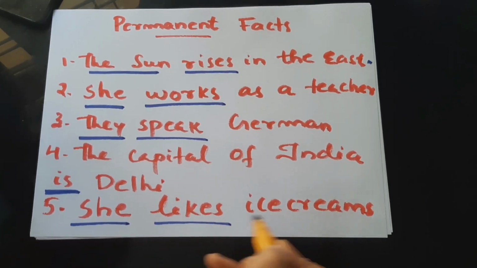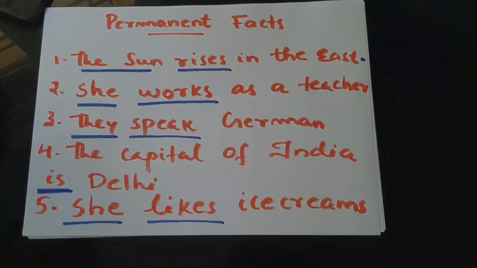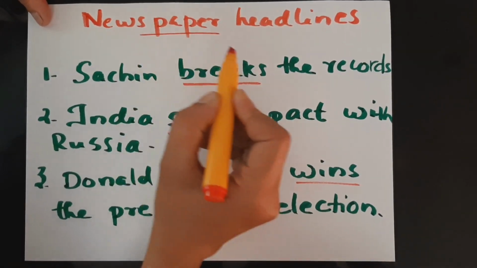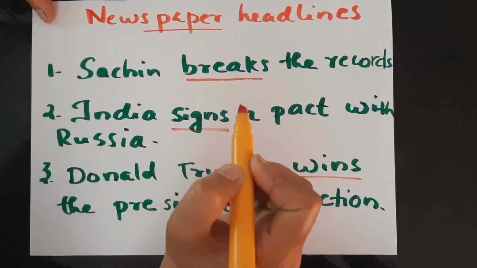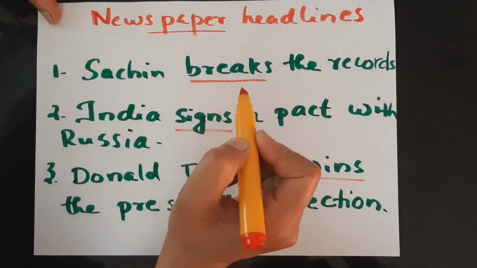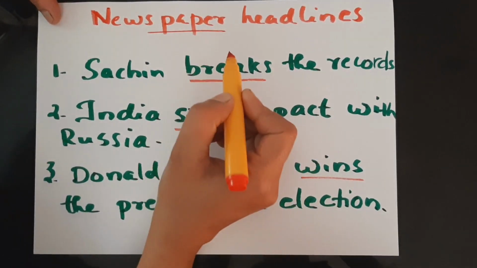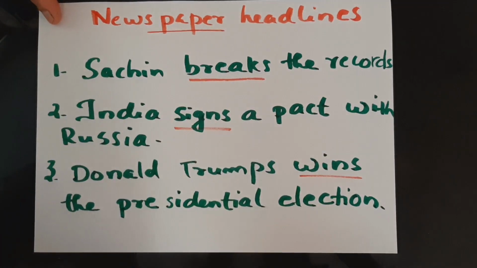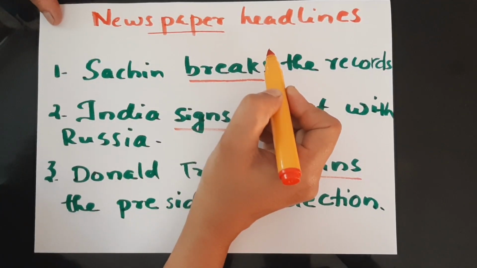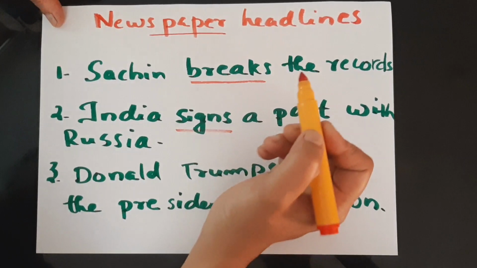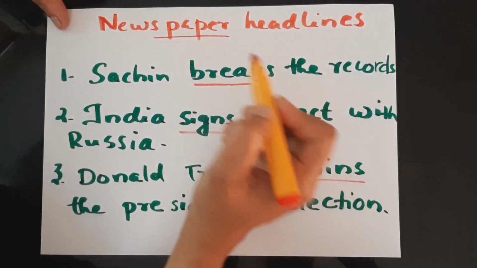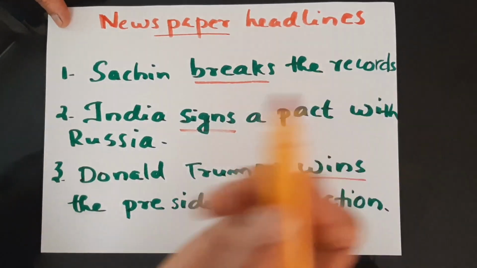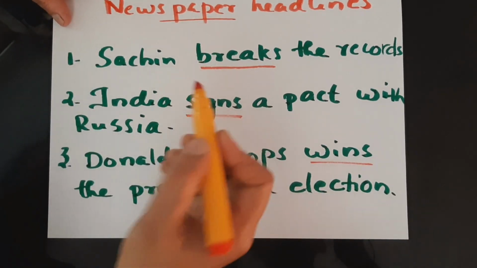She likes ice creams. Next, newspaper headlines are often given in simple present tense even though they refer to a past event. Usually, newspaper headlines are based on past events, but they're given in the simple present tense.